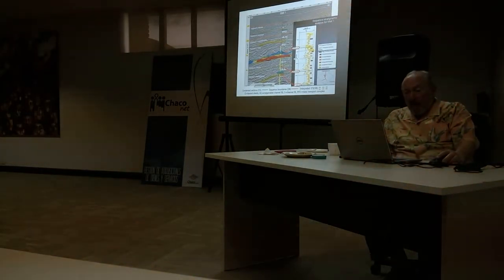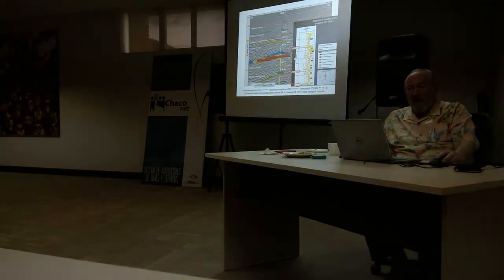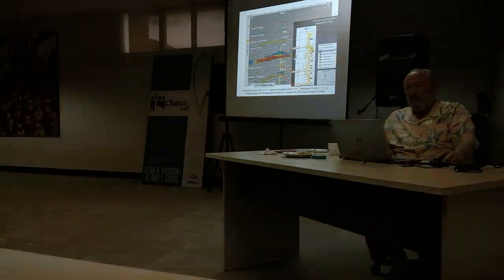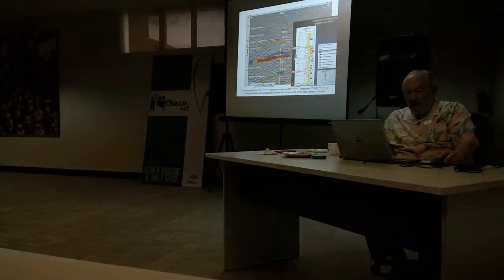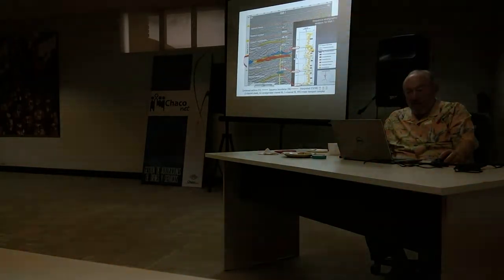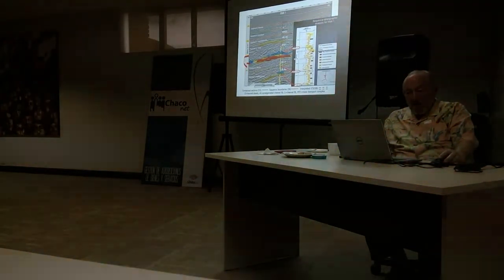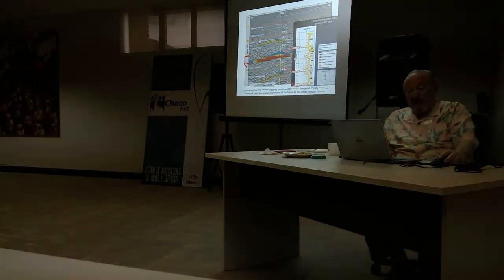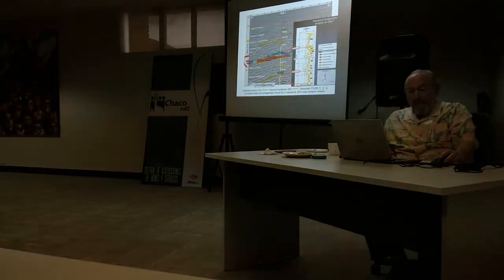But not only that, I found the seal and I found the source rock. So that's the bonus. So right here in this interval, you've got reservoir. Beneath the condensed section, you've got the condensed section, which is the seal and the source rock.